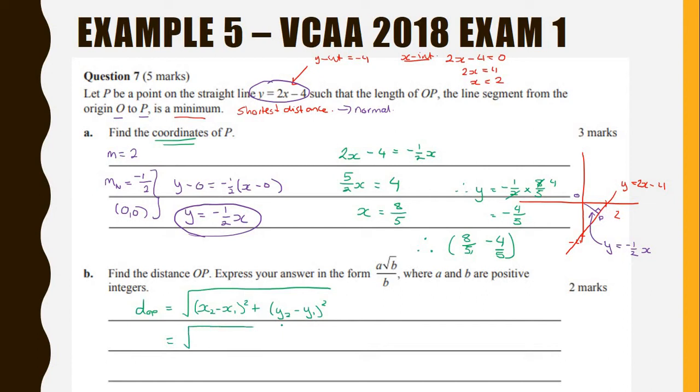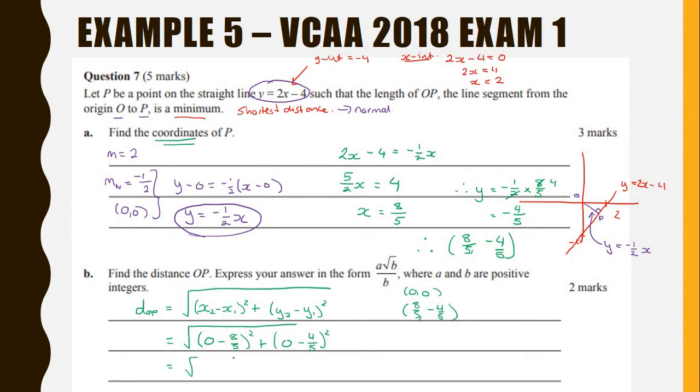So x2 minus x1, so our points are the points 0, 0, that's the point O, and point P we had 8 over 5, negative 4 over 5. So we're going to get 0 minus 8 over 5 squared plus 0 minus 4 over 5 squared.